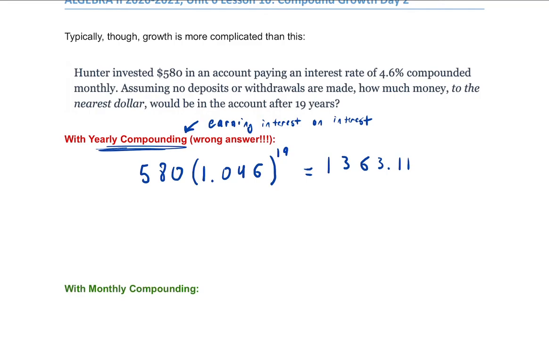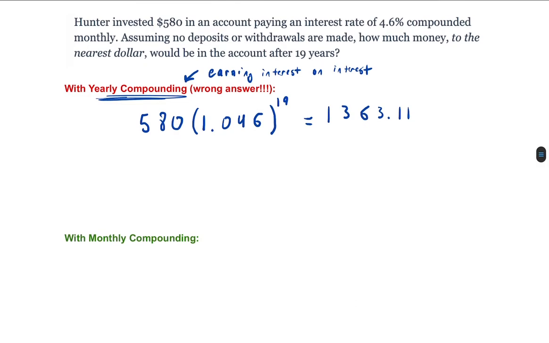And there's a difference in whether or not the bank runs that calculation once a year or once a month. And so here would be how it would work if it actually ran once per month instead of once per year. So here's the trick.